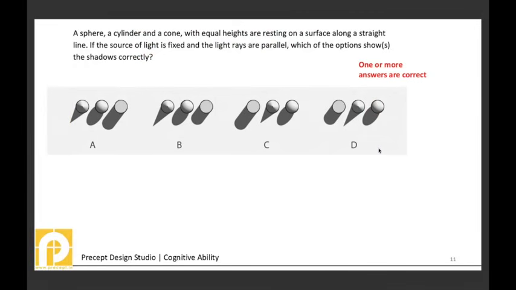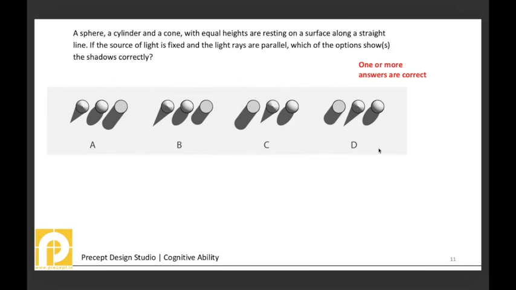A sphere, a cylinder, and a cone with equal heights are resting on a surface along a straight line. If the source of light is fixed and the light rays are parallel, which of the options shows the shadow correctly? Okay, this is what is being asked. So in this case, let's look at the pattern that gets generated.